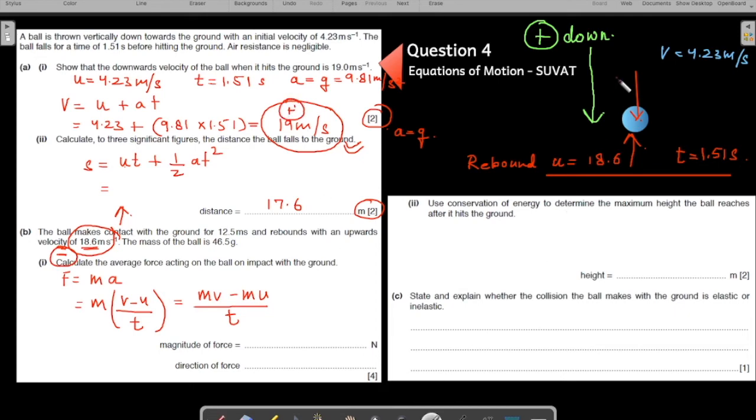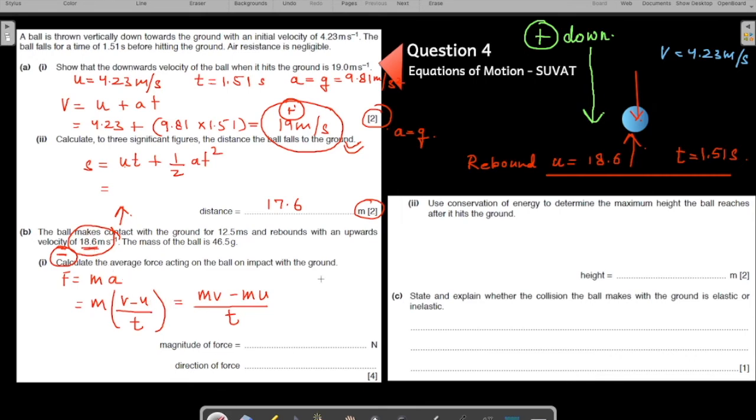Because we are taking everything which is going down as positive. So before you start attempting the question, you should decide and fix upon which direction you are taking as positive. Since in the initial part of the question we took everything which is going down as positive, the hitting velocity 19 will be positive, and the upward going rebounding velocity will be negative.